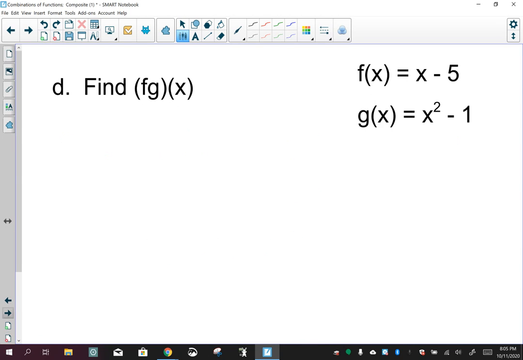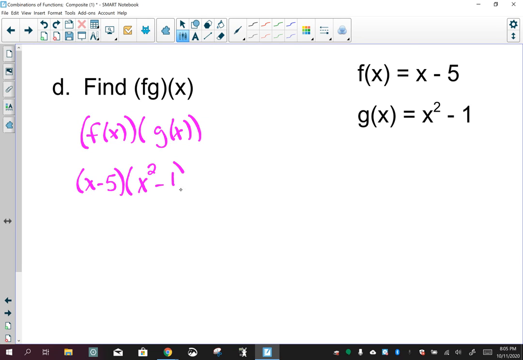Let's try again. Here we're going to multiply. So this is saying I've got f of x, and I'm going to multiply this times g of x. So I've got x minus 5 and then x squared minus 1. FOIL this one out.